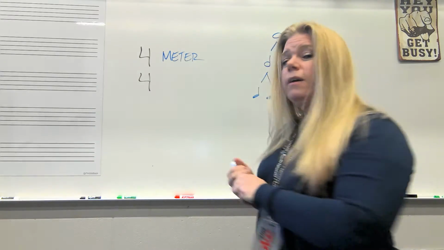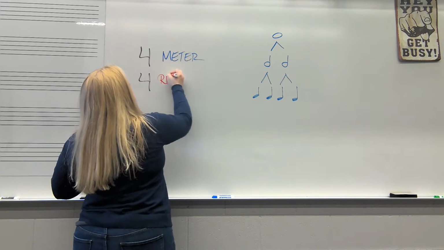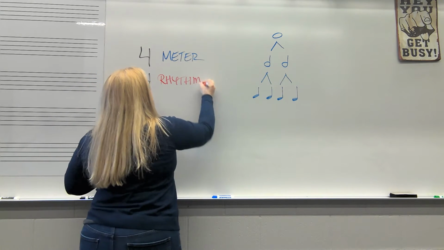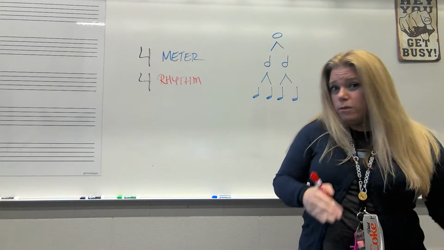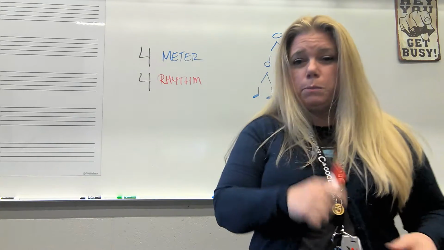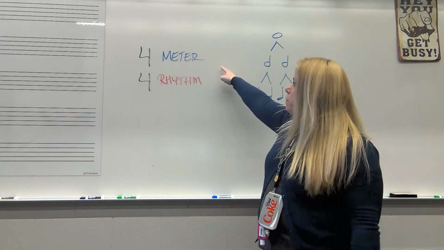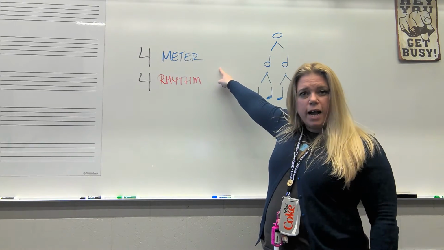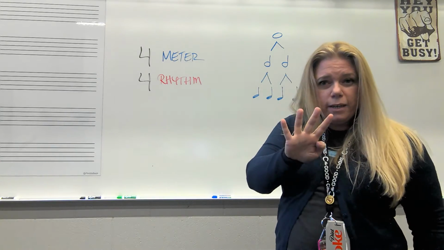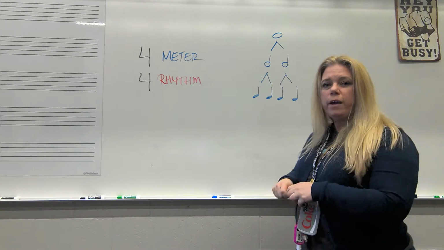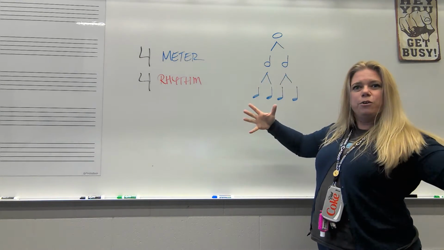The bottom number doesn't tell us about the meter. It tells us about how we are going to be able to count the rhythm. We can only do that if we know which kind of note is equal to one of those beats. And the best way to do that is to take a look at that top number. If my entire meter is divided into four beats, and I have a whole note, a whole note would normally be an entire grouping of the beat.